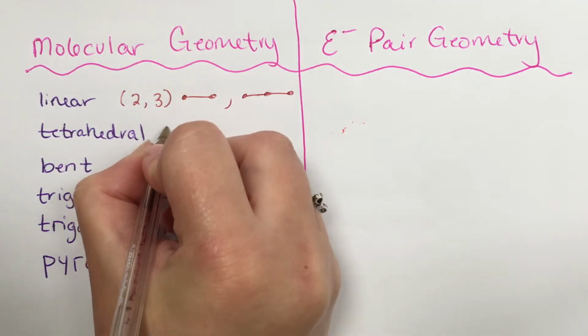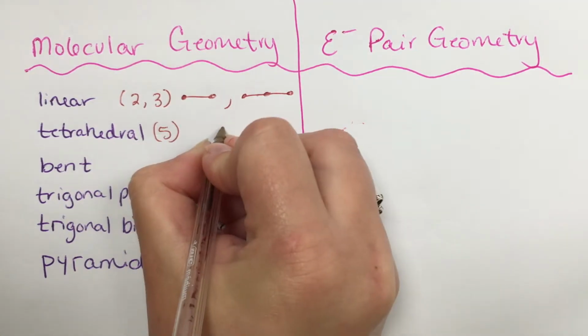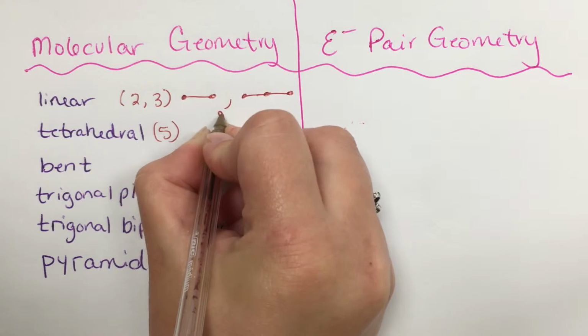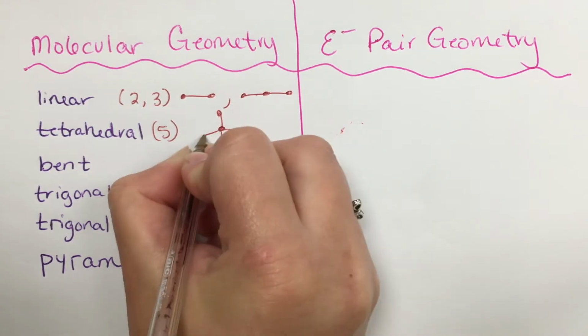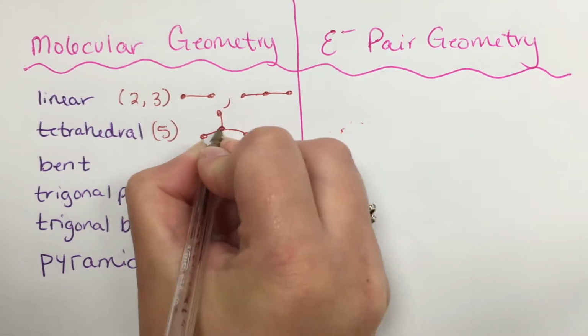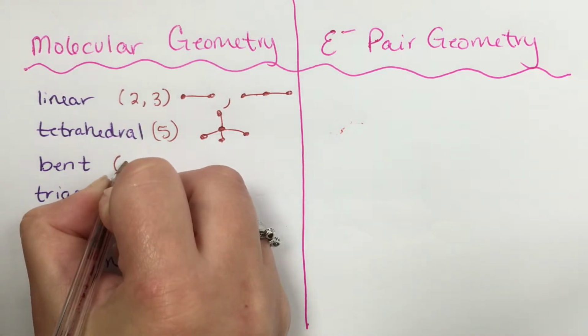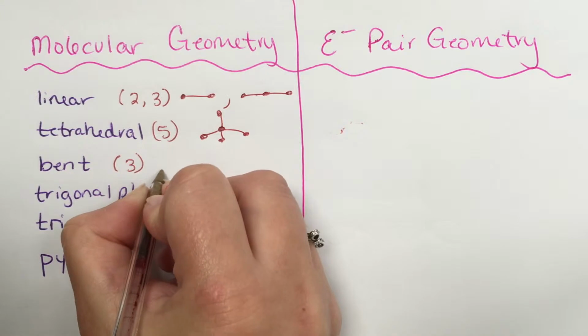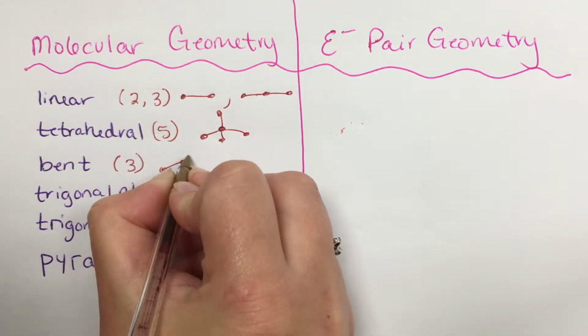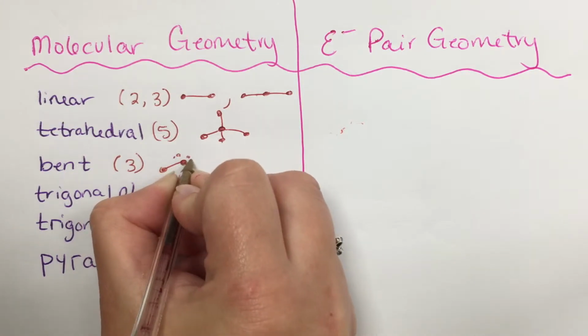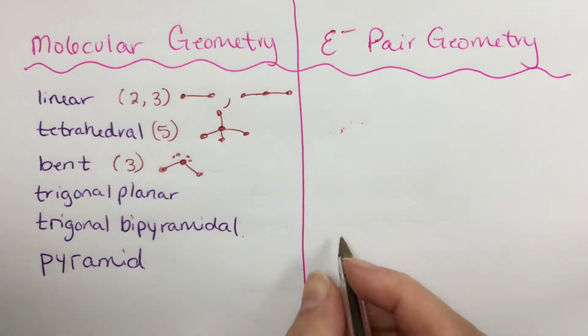Tetrahedral would be with 5 atoms, 1 central atom bonding with 4 different atoms, with no lone pairs in the middle. Bent would be with 3 atoms, and it would look like this. This is your typical water molecule, if you want to picture it.